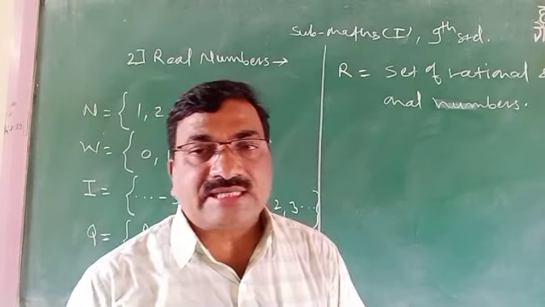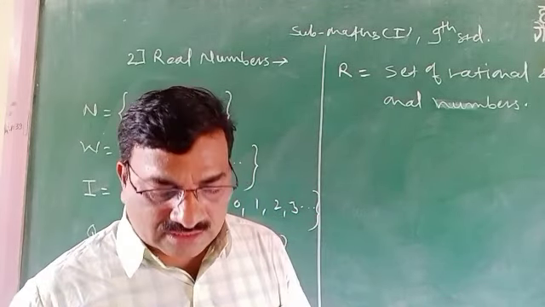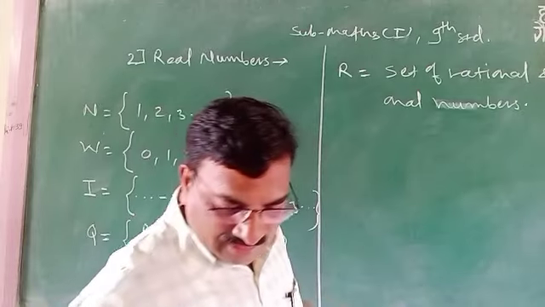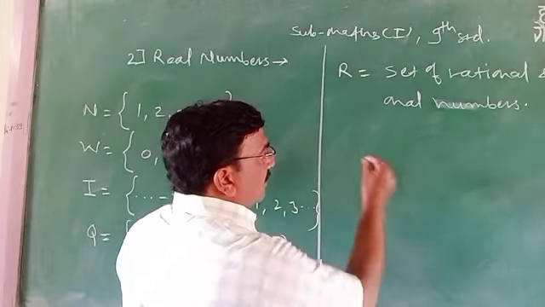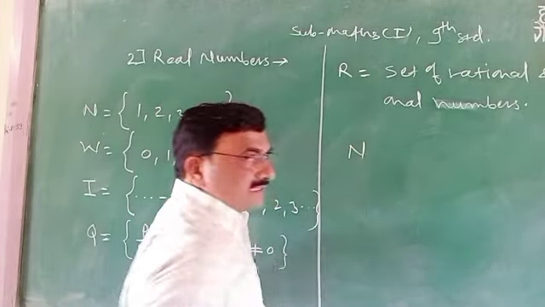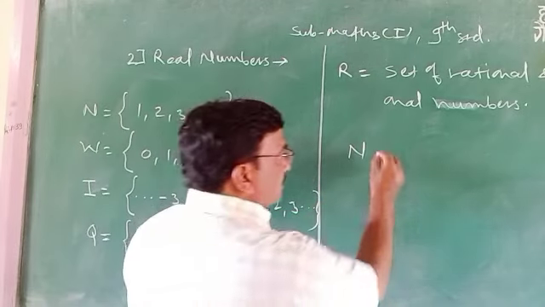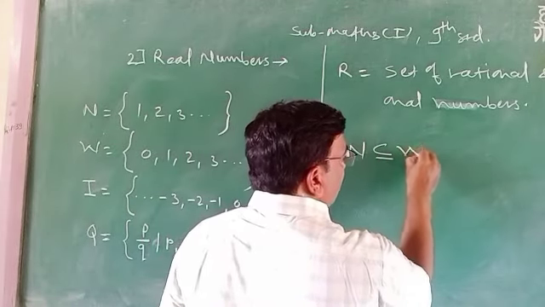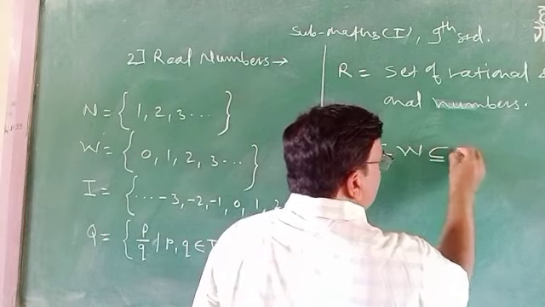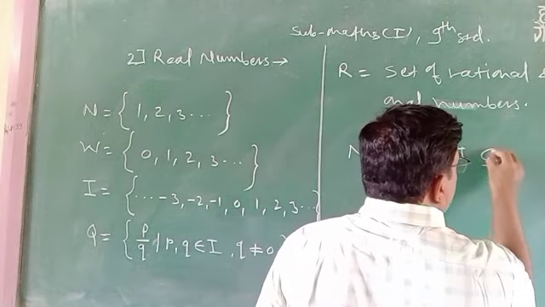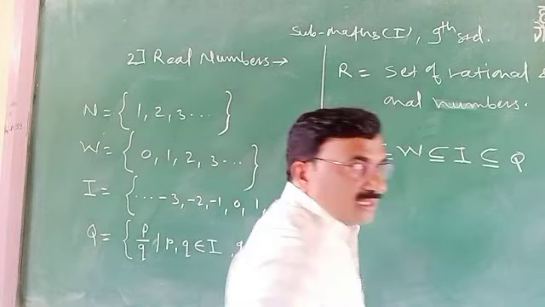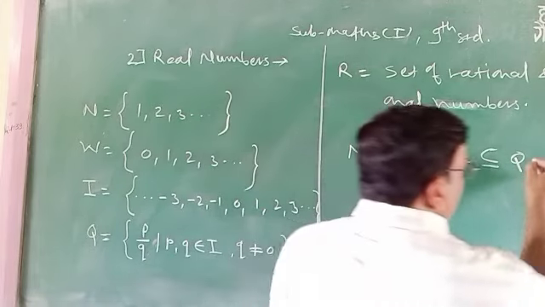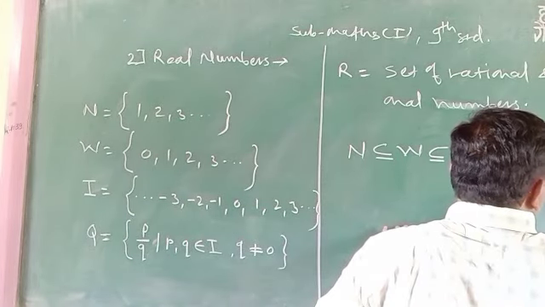And if we arrange them in increasing order, the smallest set is the natural numbers, which is a subset of whole numbers, which is a subset of integers, which is a subset of quotient numbers, that is rational numbers, which is a subset of real numbers.